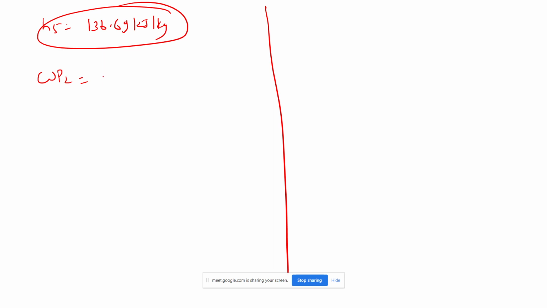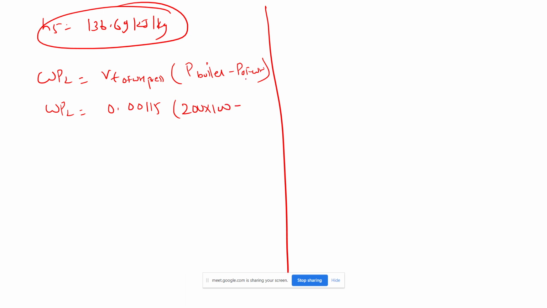Similarly we determine pump work 2. It is Vf at the open feed water heater pressure, times P boiler minus P open feed water heater. The value of Vf from the table is 0.00115, into 200 into 100, converting into kilopascal, minus 8 into 100.